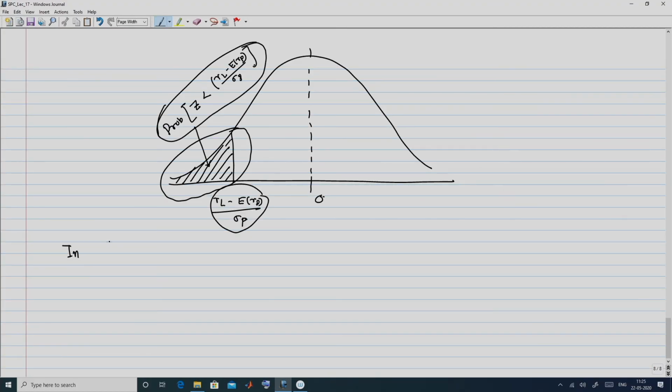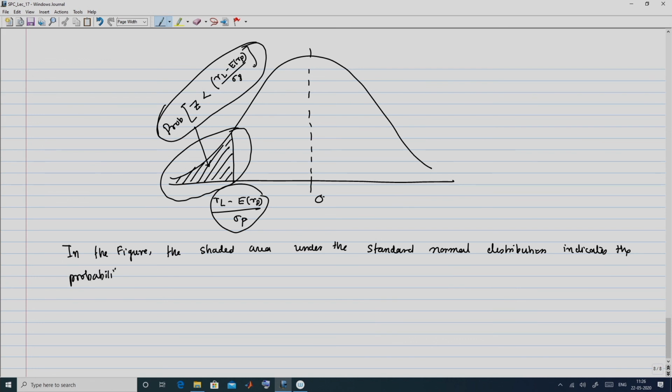All right. So, to be more explicit, we say that in the figure the shaded area under the standard normal distribution indicates the probability that the returns of a portfolio fall below the safety threshold level R_L.